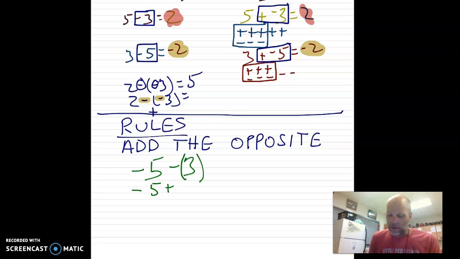It's a -3. So we talked last week, or whenever the heck that was, like I said before. So now we're just adding. We got 5 negatives. We're going to combine it with 3 negatives. How many negatives do we end up with? 8 negatives. Just from adding the opposite. Okay? Let's try this one.